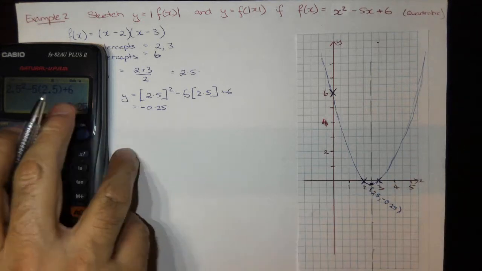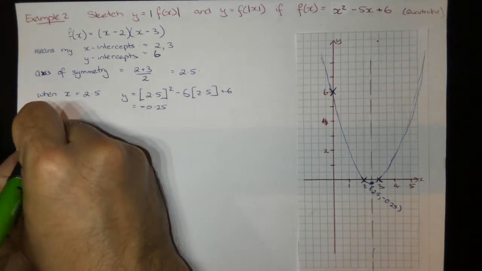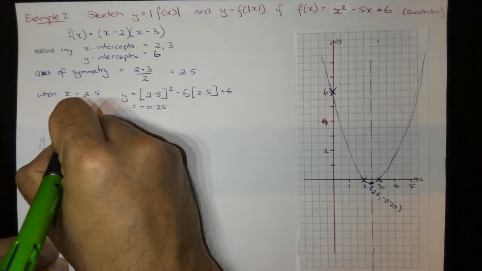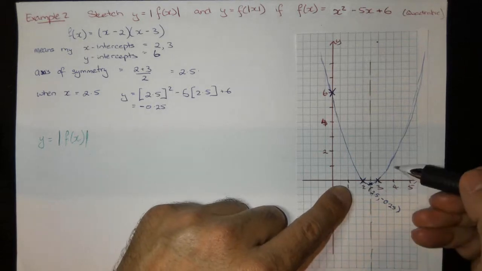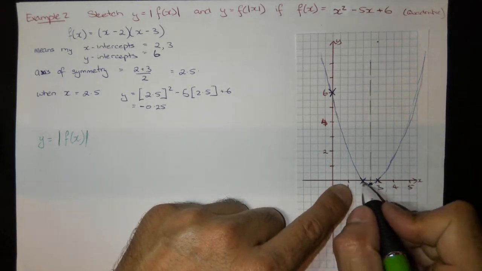Okay. Now, when I want to find my absolute function, so when y equals the absolute of f of x, it means my entire function has to be greater than 0. So the only time it's not greater than 0 happens here.